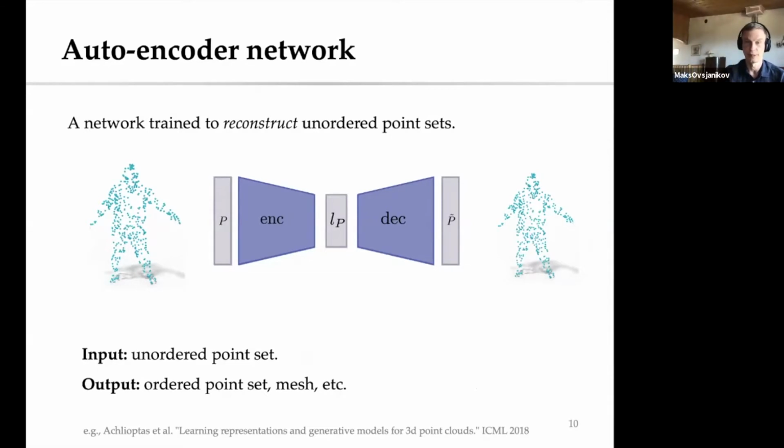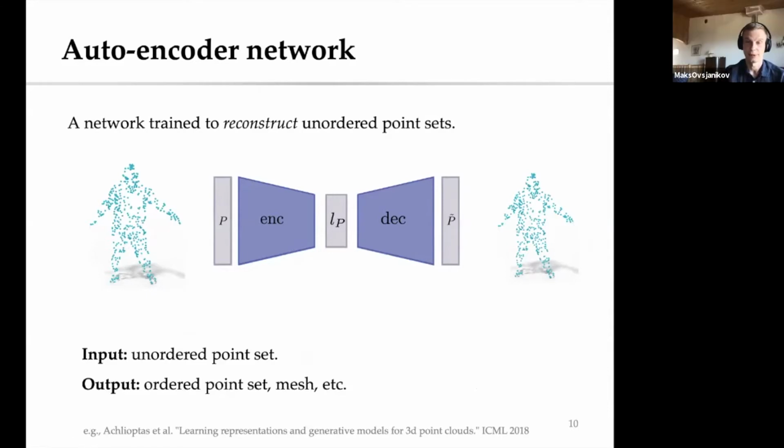The structure of this autoencoder network is typically very simple. You start with a point cloud P, you pass it through some encoder network, you construct a single vector representation for your shape, which is also called a latent representation. And then you have a decoder that produces another point cloud P tilde.